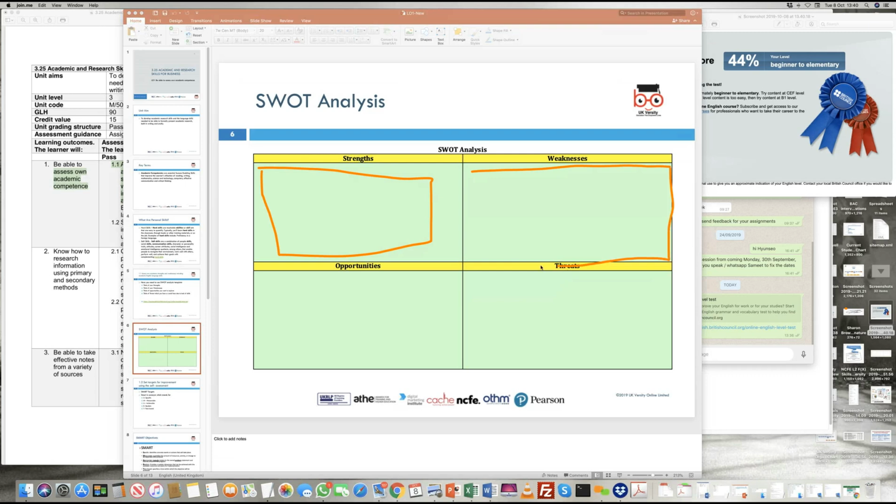Here you have to put your weaknesses. What are your weak areas? Weak areas could be that you want to improve your English language skills. But in English language, what do you want to improve? Comprehension, reading, speaking, or writing? You have to mention your specific weakness, but specific weakness within English.